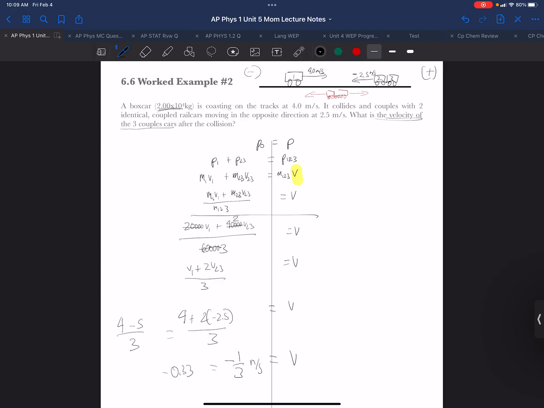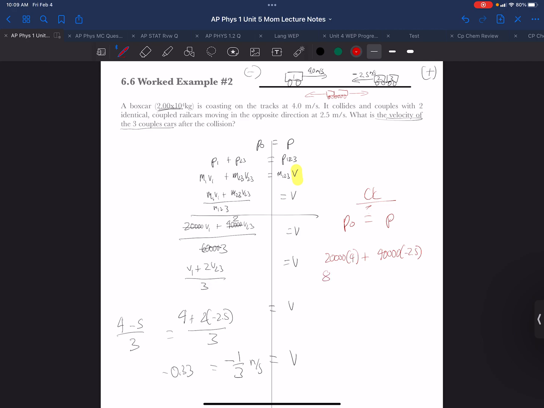Now we can perform our check. Does the momentum before equal the momentum afterward? Well, the momentum before was 20,000 times 4 plus 40,000 times minus 2.5.